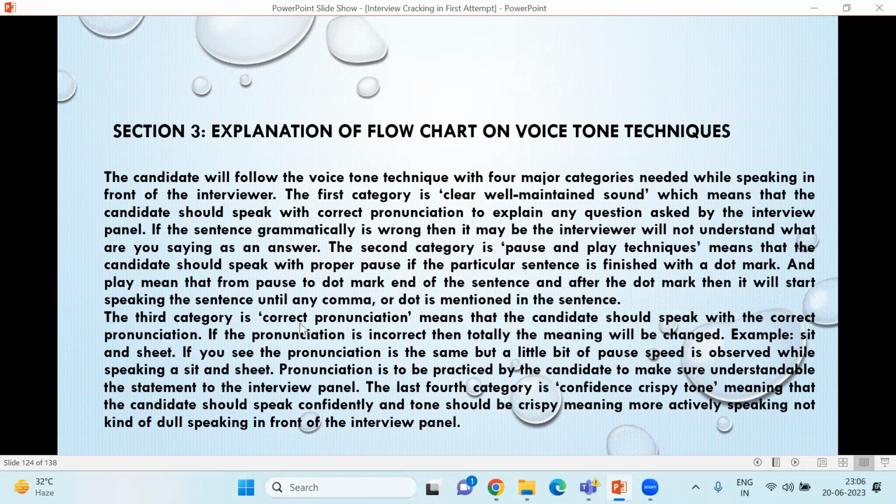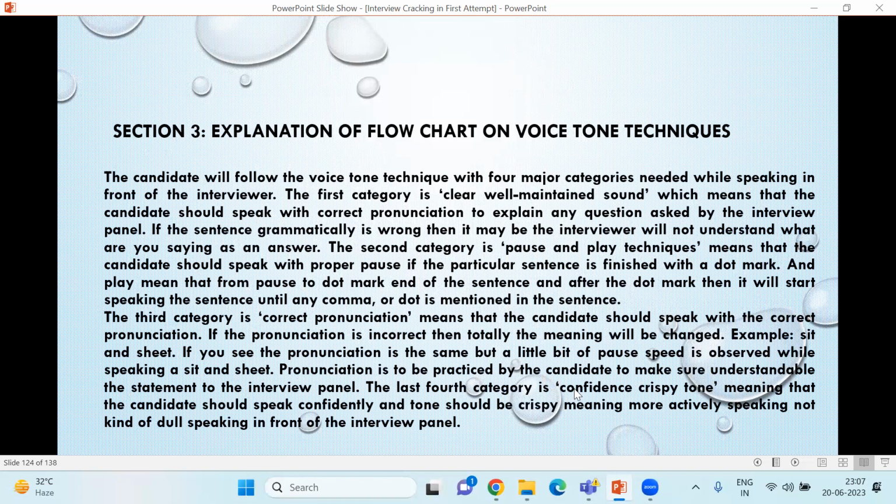The third category is correct pronunciation, which means the candidate should speak with the correct pronunciation. If the pronunciation is incorrect, then the meaning will be totally changed. For example, sit and seat. The pronunciation is the same, but a little bit of pause and speed difference is observed while speaking sit and seat. Pronunciation should be practiced by the candidate to make sure the statement is understandable to the interview panel.